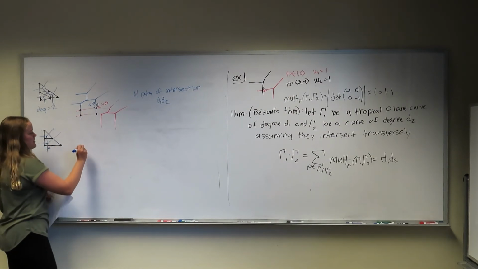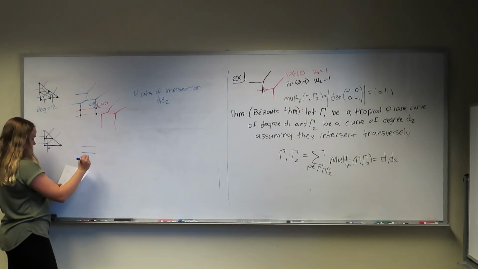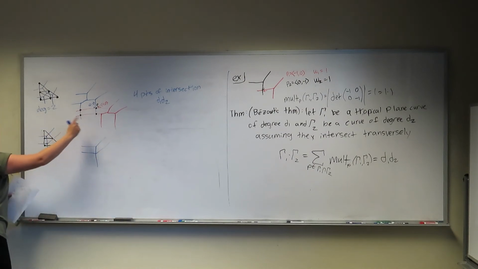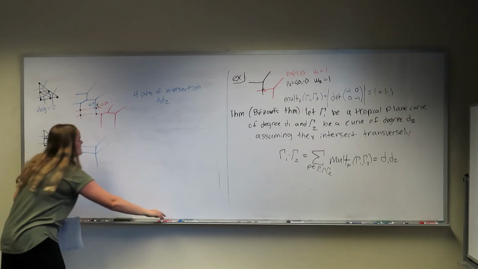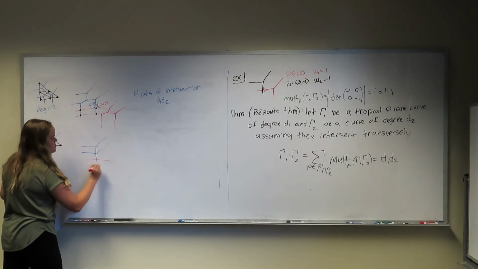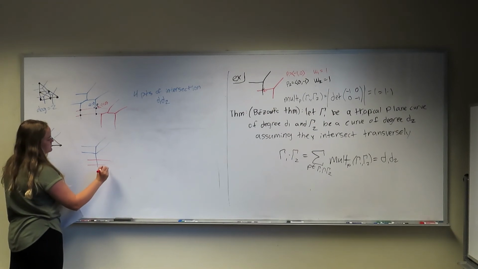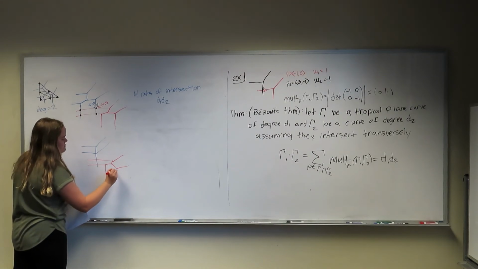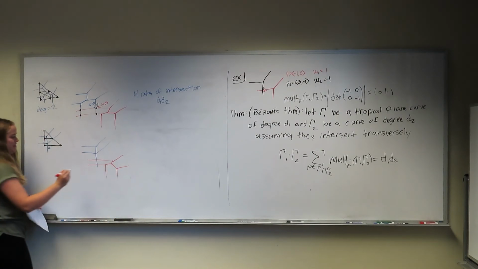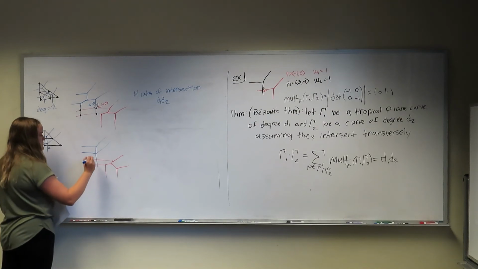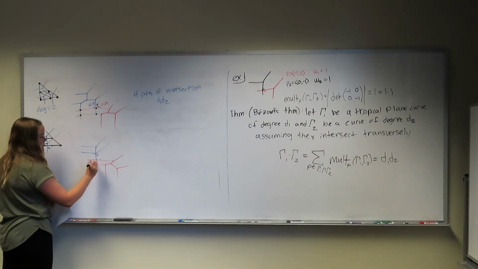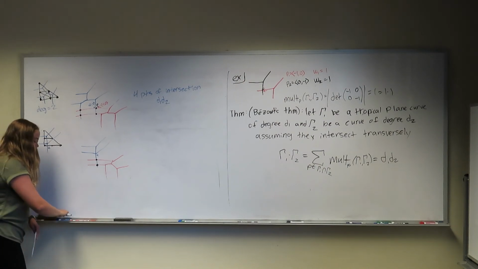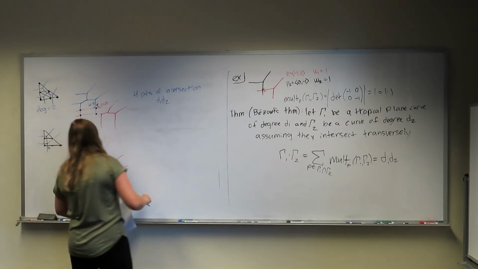And if we take this curve and we intersect it with another red one, we have 2 points of intersection. But we have 2 degree 2 curves, so we need 4 points of intersection.